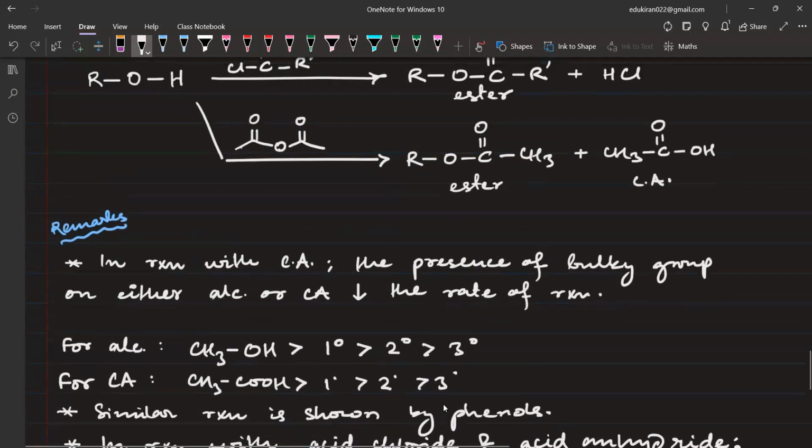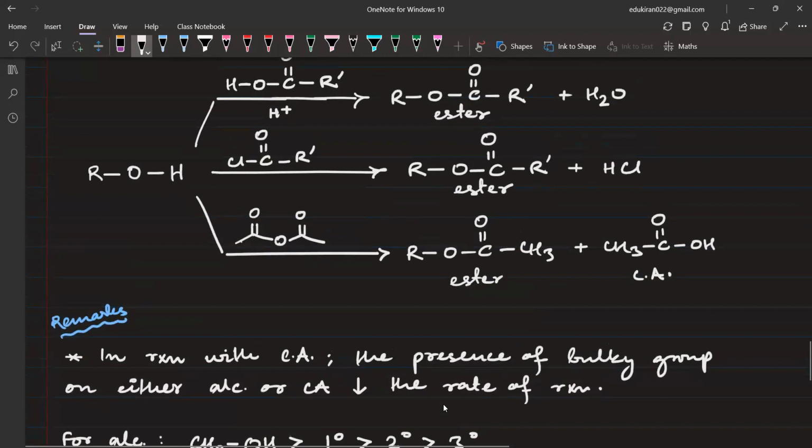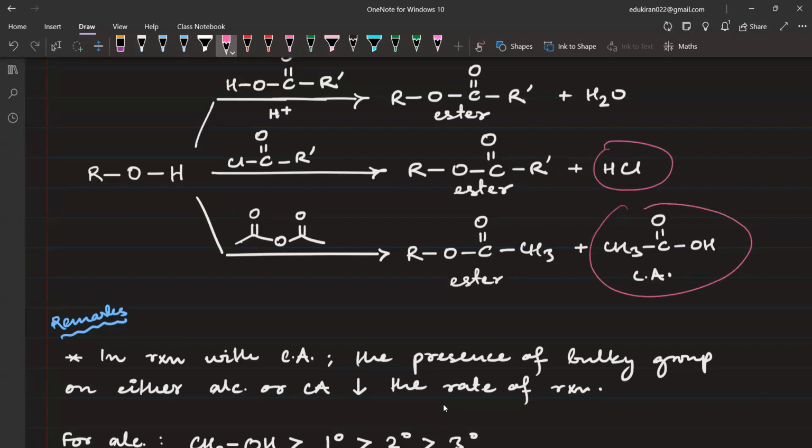Okay, if you see these two reactions, when you're using acid chloride and acid anhydride, so you get hydrochloric acid and carboxylic acid. So if you are going to decrease the amount of product, then you know what happens according to Le Chatelier's principle in equilibrium, it is going to react more intensely with the reactants और ज्यादा प्रोडक्ट बनेगा. जितना ज्यादा प्रोडक्ट कम करते जाएंगे उतना ज्यादा प्रोडक्ट बनता जाएगा. ठीक है.